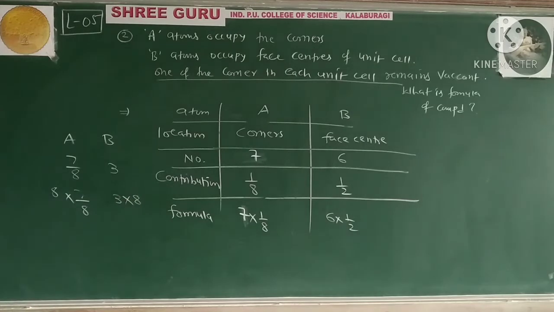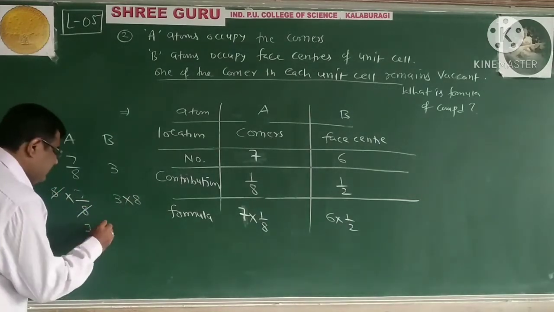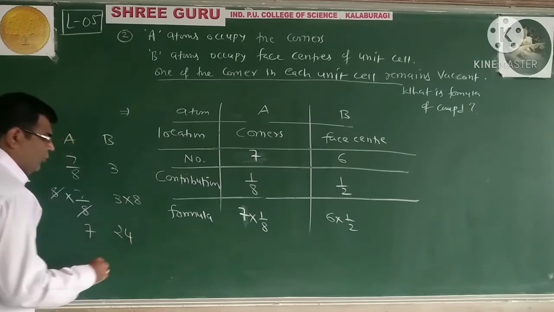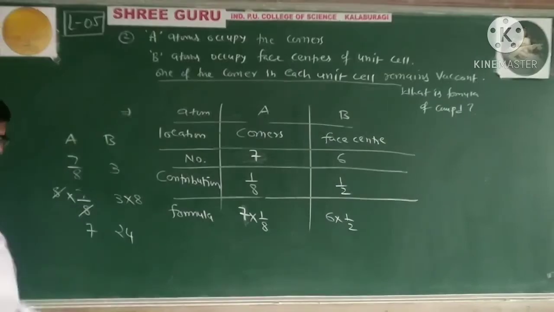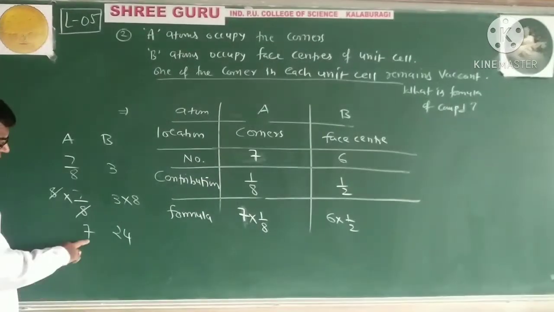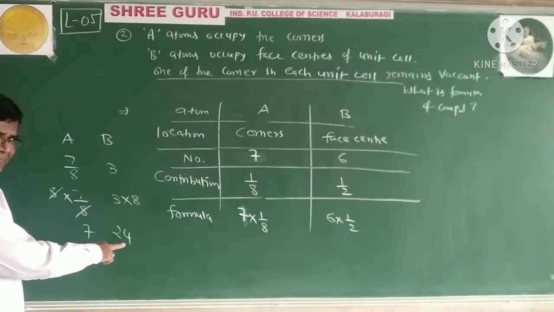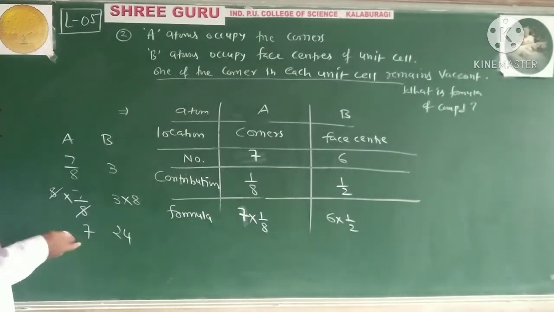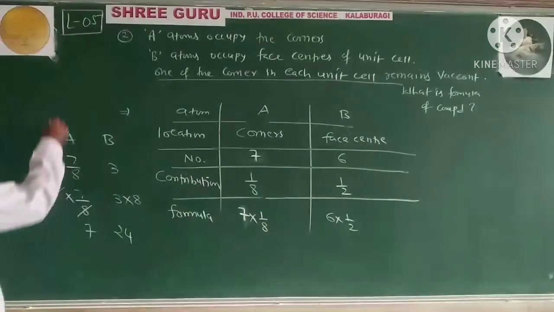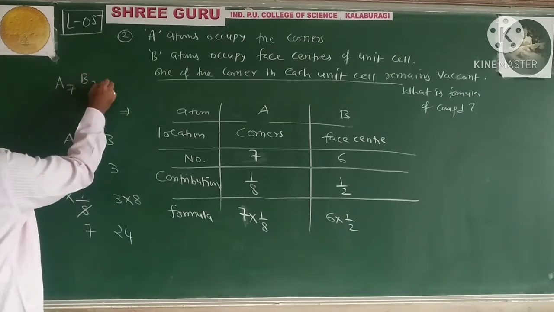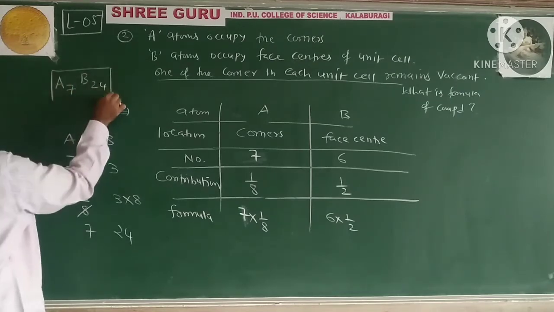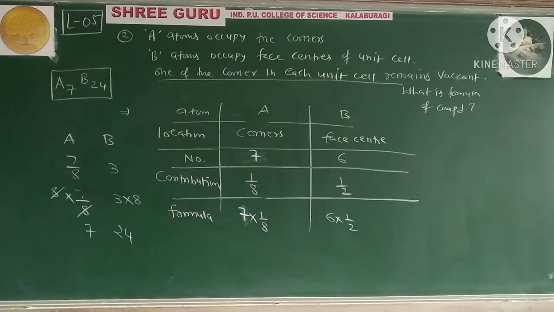Why have we multiplied by 8? So that this gets cancelled. So it becomes 7 and this becomes 24. We cannot simplify them further. If we are able to, we have to do it. For example, 7 and 21 we can say 1 is to 3, but there is no possibility in this particular question. So we write A7B24. This is the formula of that particular compound.